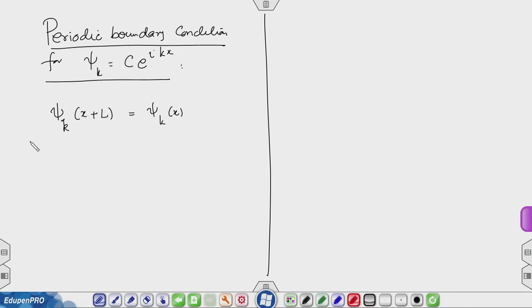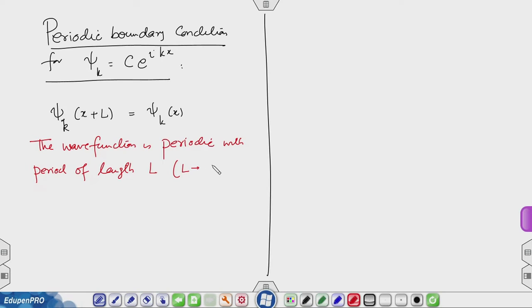That is, the wave function is periodic with period of length L. L is tending to infinity, it could be taken quite large.